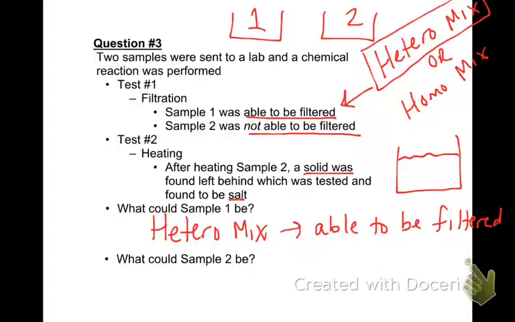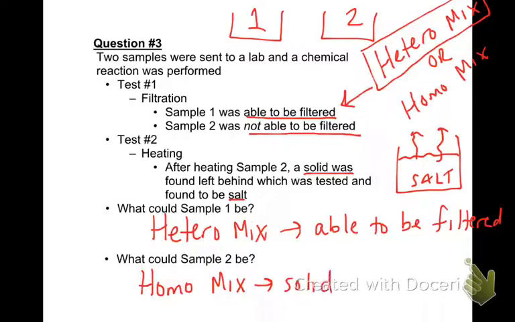Okay, so we boiled off our water and we were left with salt. Salt, as we know, dissolves in water and creates a homogeneous mixture. So, sample 2 must be a homogeneous mixture because the solid was found to be dissolved. Remember aqueous? That tells us that we're dealing with a homogeneous mixture.